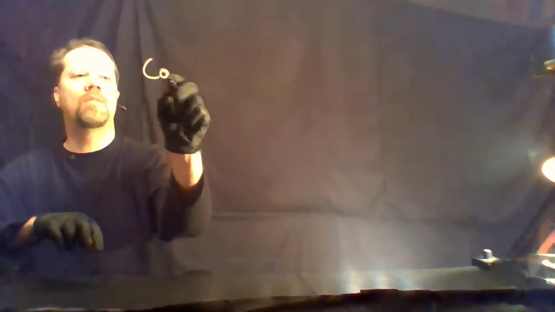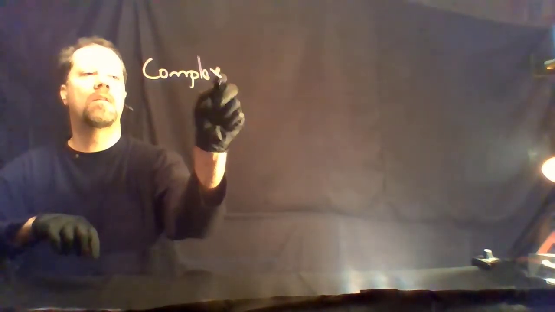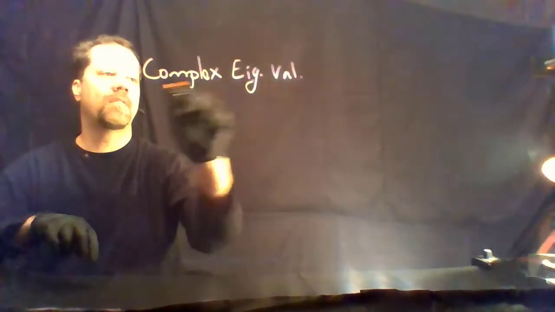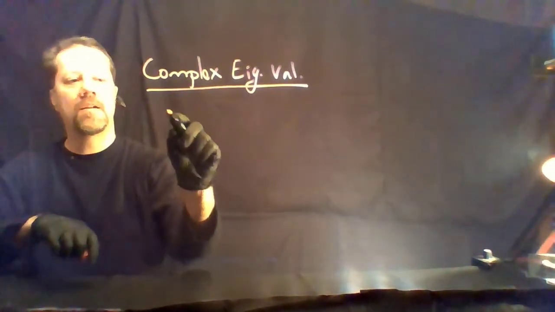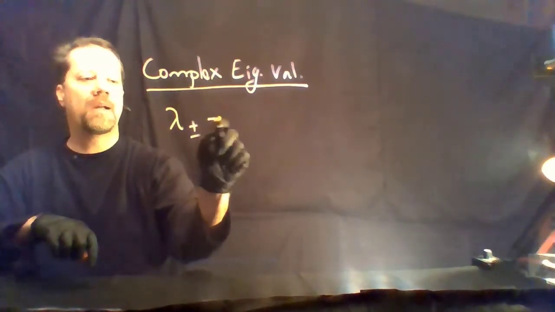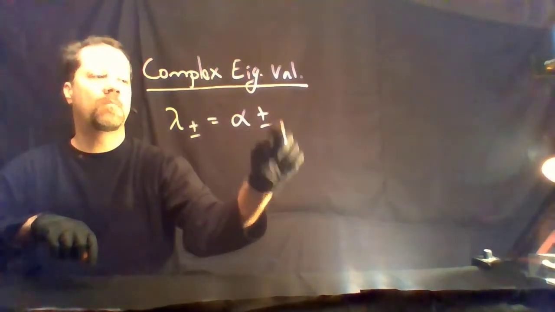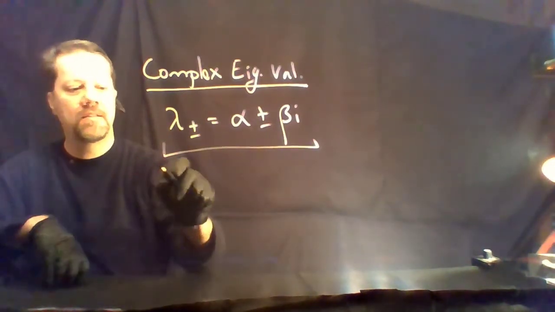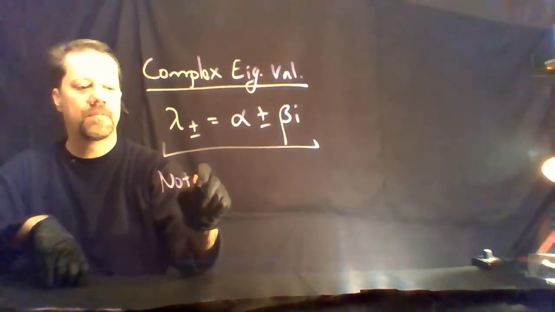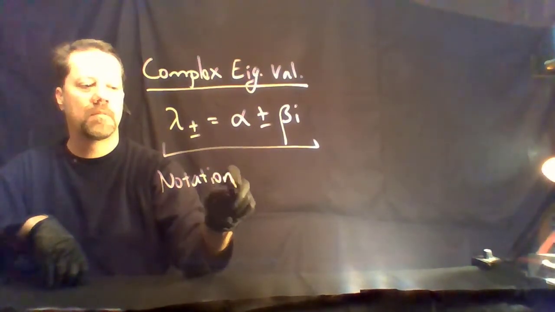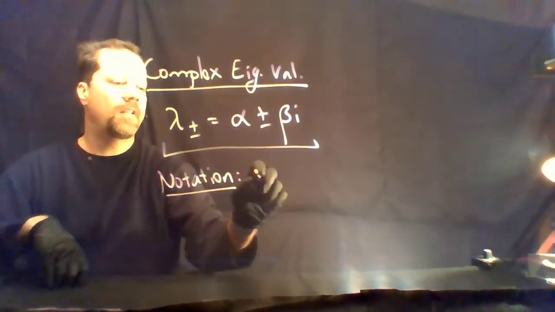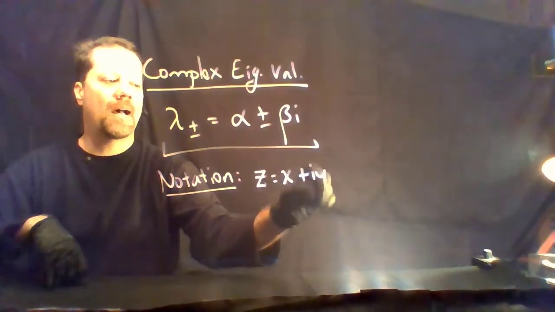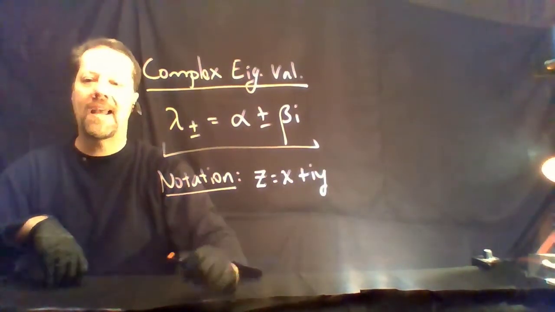So, what happens in the complex value case? Here, suppose we have lambda plus or minus equal to alpha plus or minus beta i. First, a bit of notation. If z is a complex number, it can be represented as x plus iy, where x and y are real.